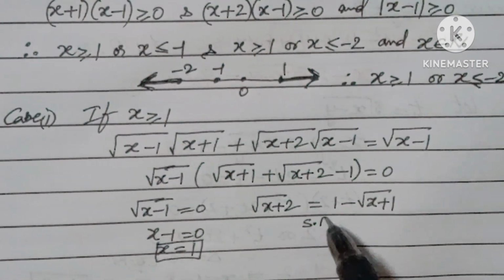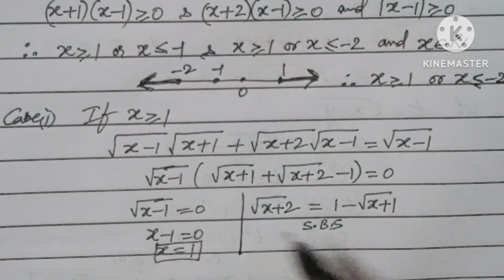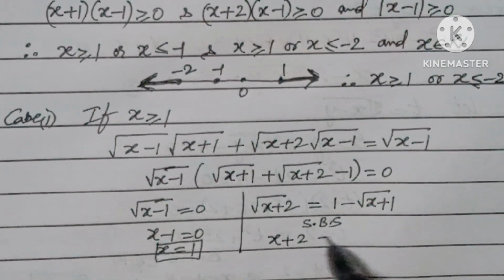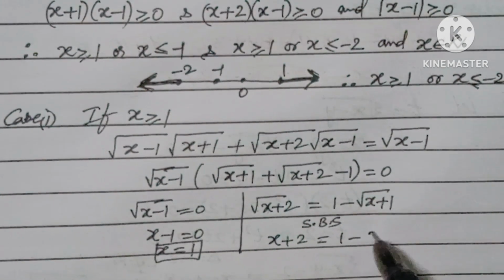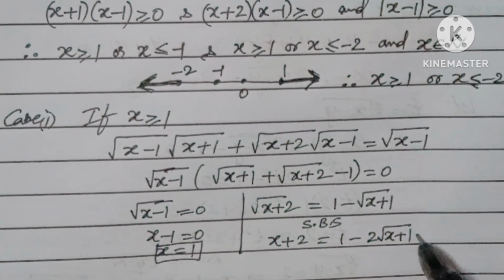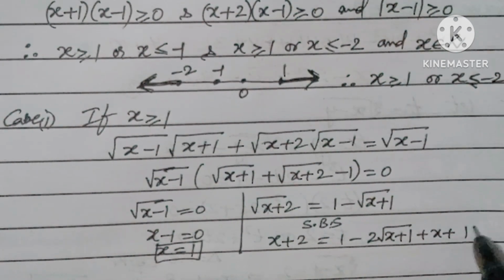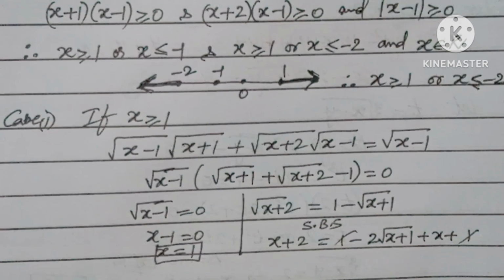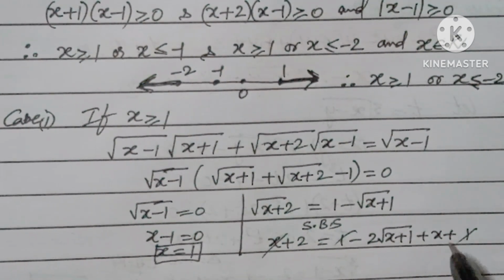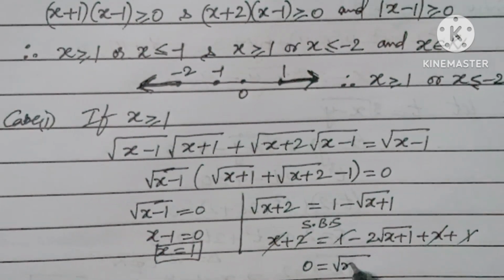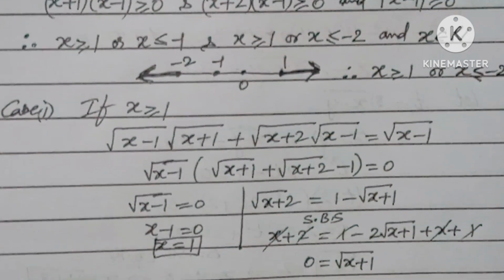Now if you do squaring on both sides in the second case, here you will get x plus 2 is equal to 1 minus 2 root of x plus 1 plus x plus 1. The 1 gets cancelled, and x also gets cancelled here. 0 is equal to root of x plus 1.